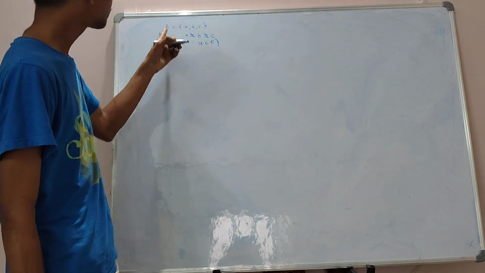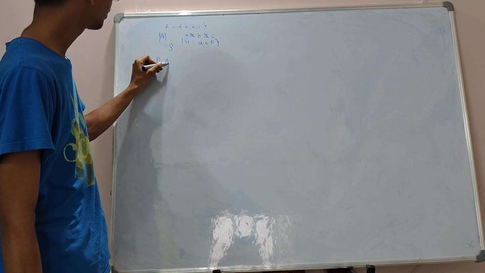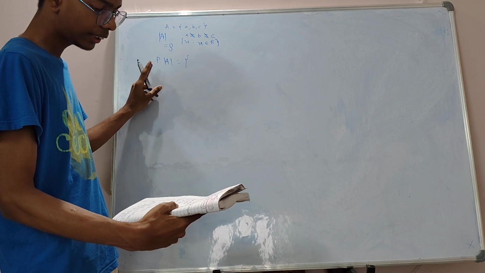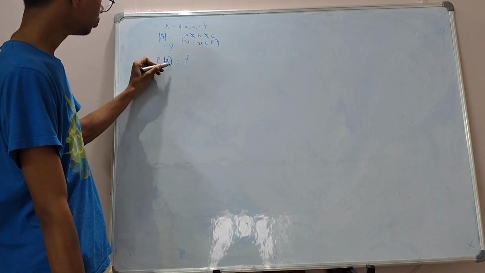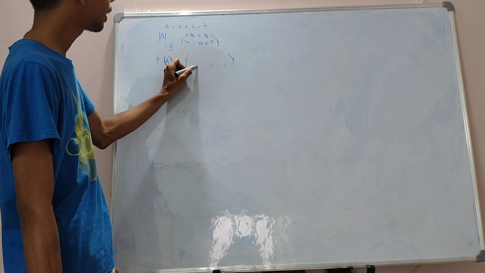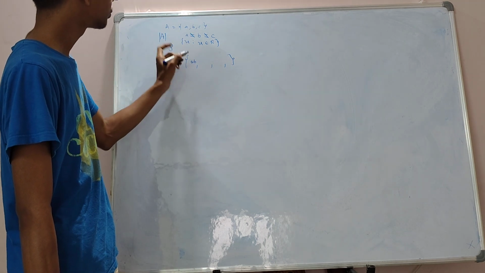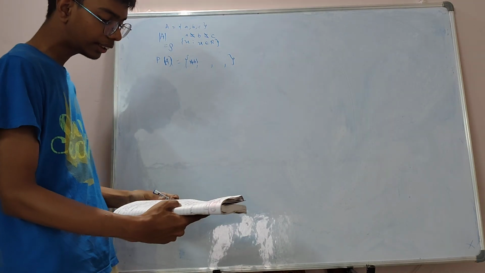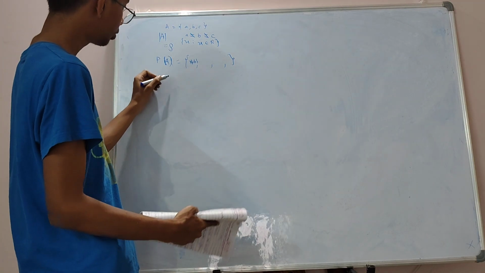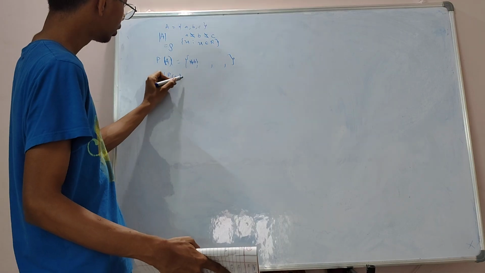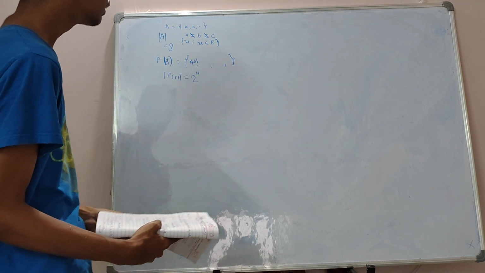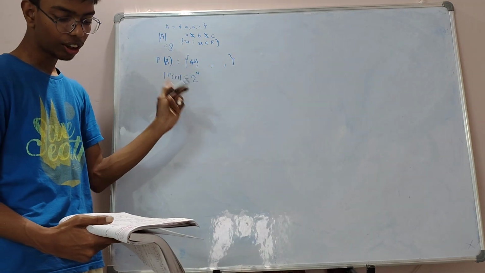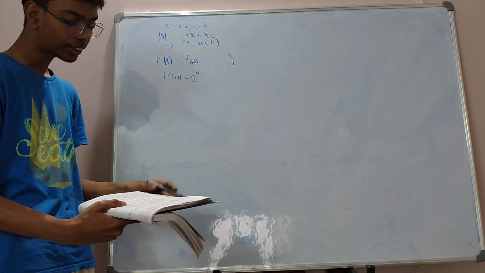Suppose I have to write the power set of A, it will contain all elements which are subsets of these sets, and the cardinality of the power set is given by 2 to the power n, where n is the number of elements present in set A, or n is the cardinality of set A, right?